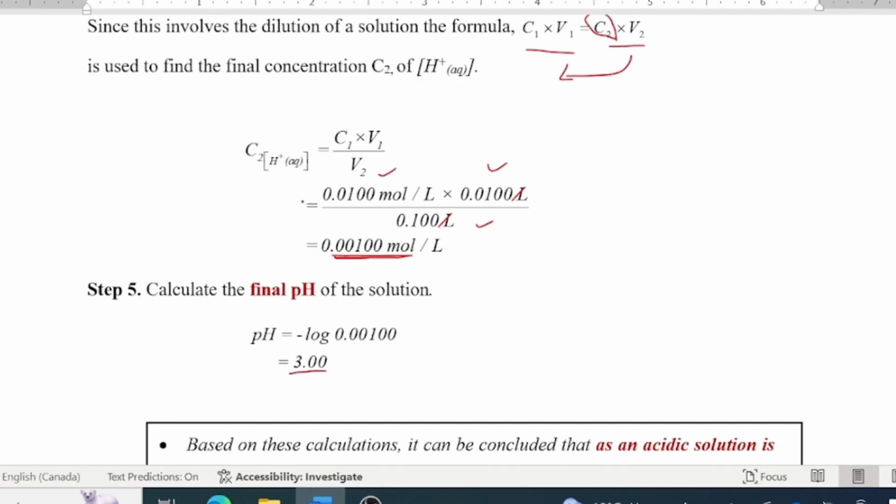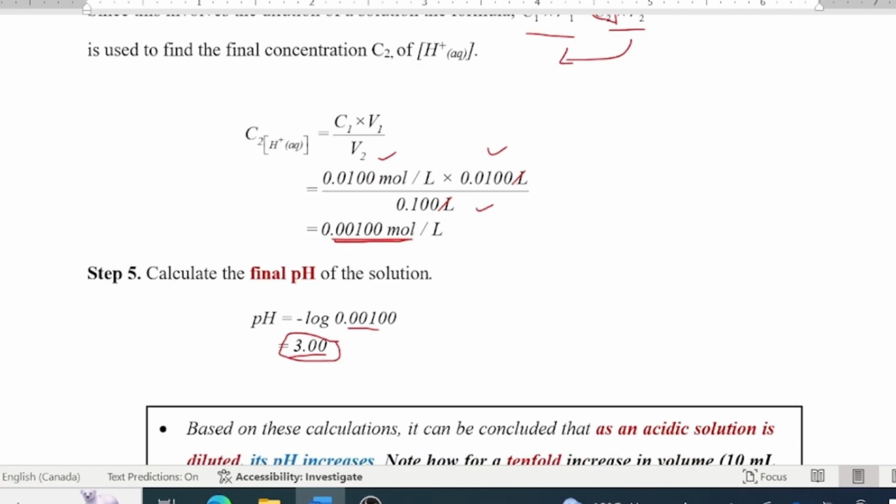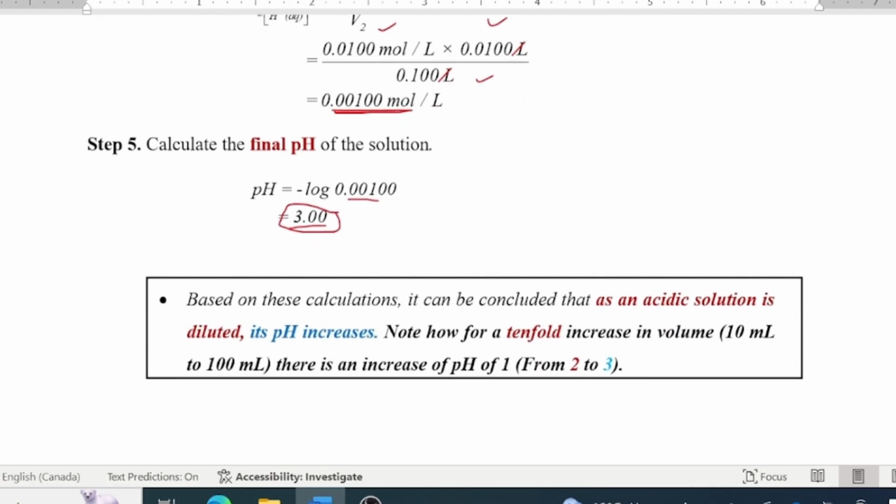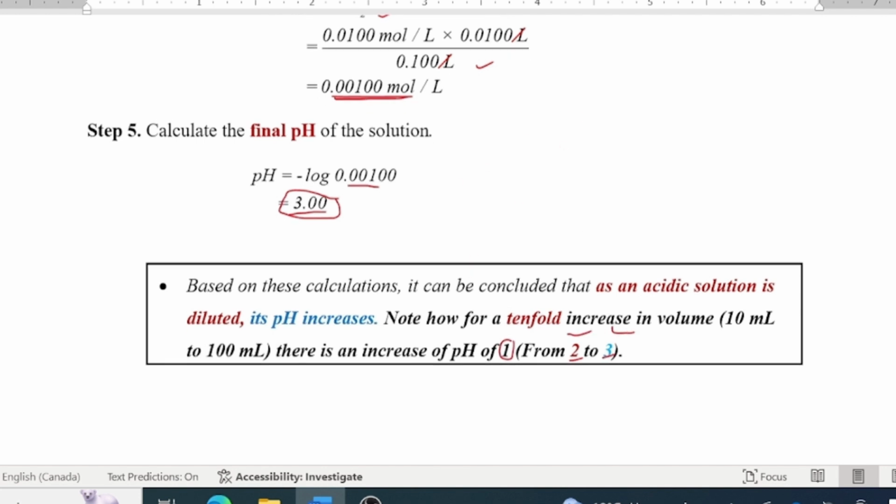So that will be the final concentration of your hydrogen ion. Negative log of that is equal to 3. So original pH was 2. When you dilute it to 100, it changes from 2 to 3, and there's a change of pH of 1. So note that every time you dilute an acid, its pH rises.